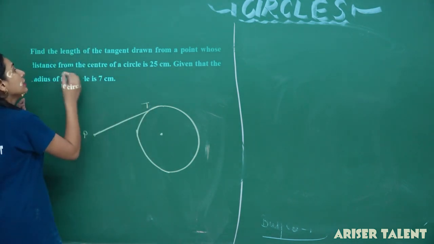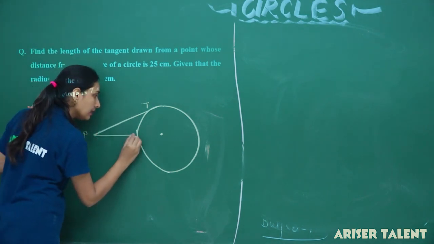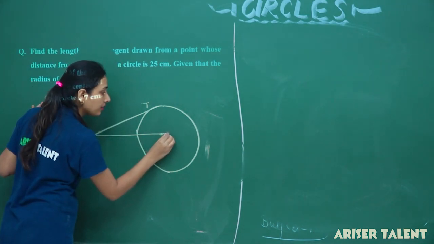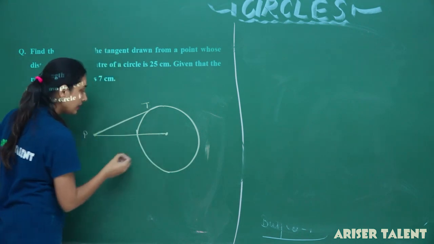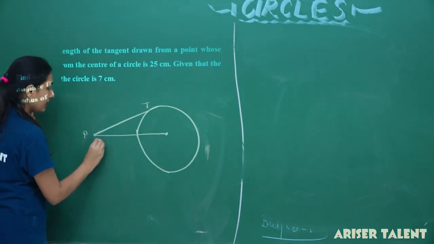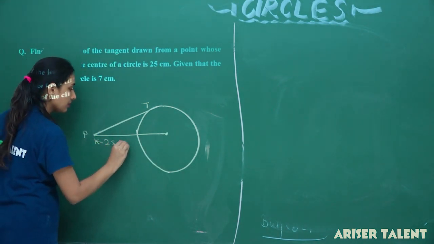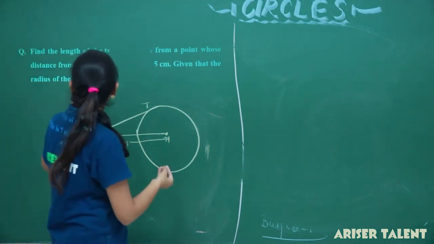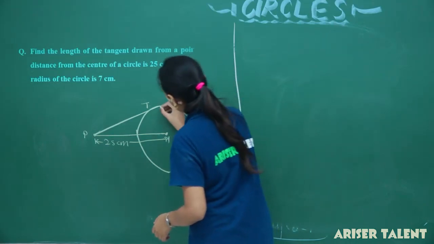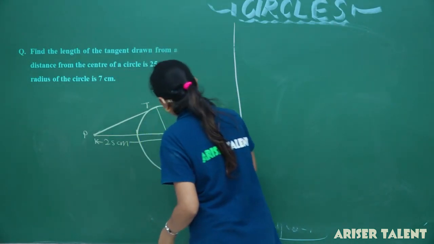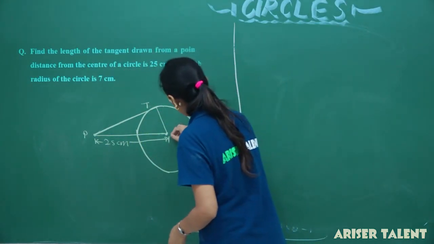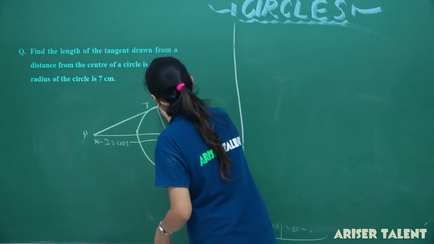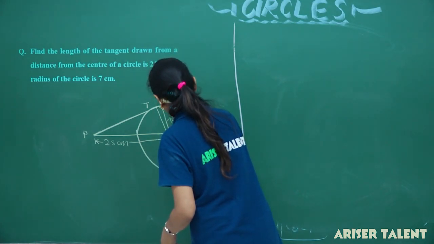Now the distance from the center of the circle is given as 25 centimeters, and given that the radius of the circle is 7. If I join this T with the center O, it gives me the radius.